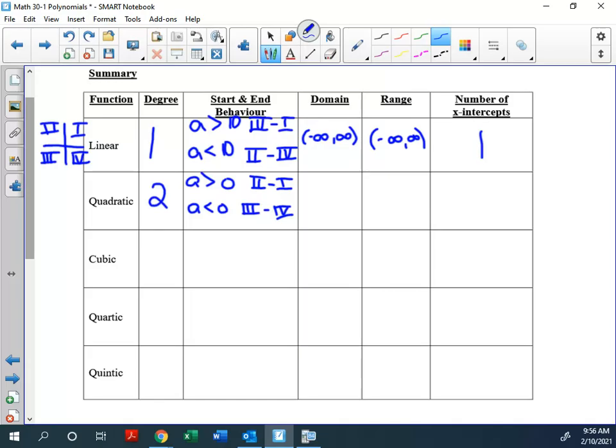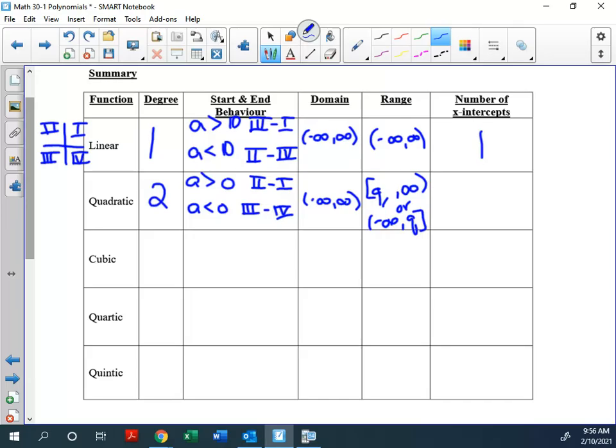The domain. Parabolas had an unrestricted domain. However, the range, this had a high point or a low point, correct? So it was either going to be up from the Q value or below the Q value.